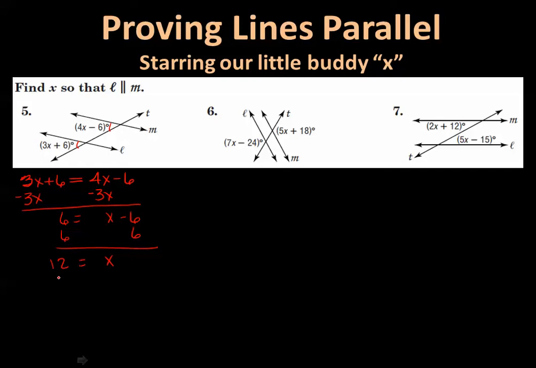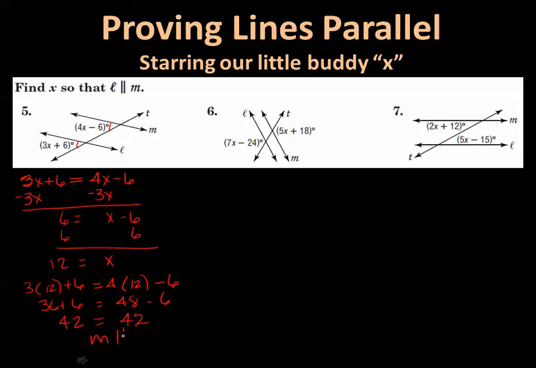And so now, if I say 3 times 12 plus 6 should equal 4 times 12 minus 6. That gives me 36 plus 6, gives me 48 minus 6, and that's 42, and that's 42.